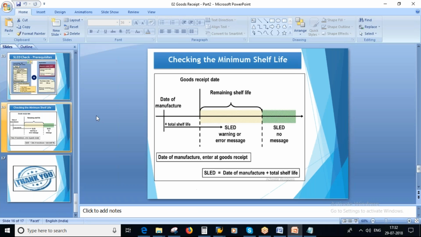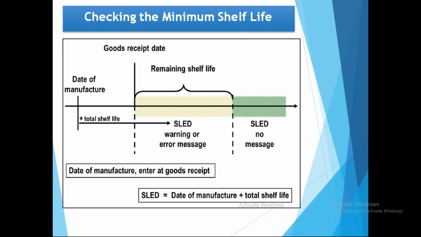Basically, I'll tell you the scenario. Your vendor supplied a material to you, he gives you the date of manufacture, and at the same time he gives you the total shelf life of the material. Let's say the total shelf life is 30 days.